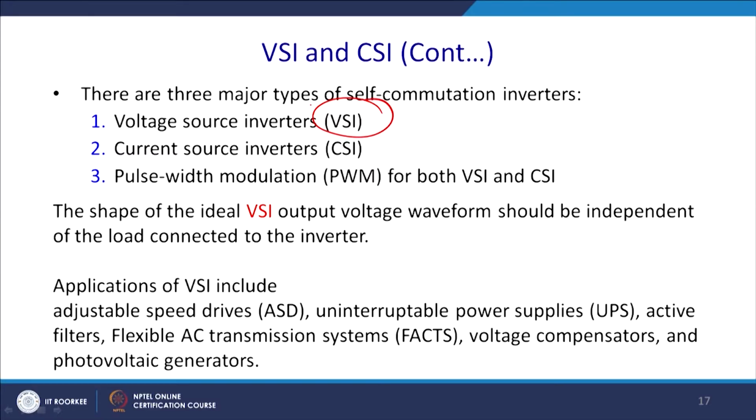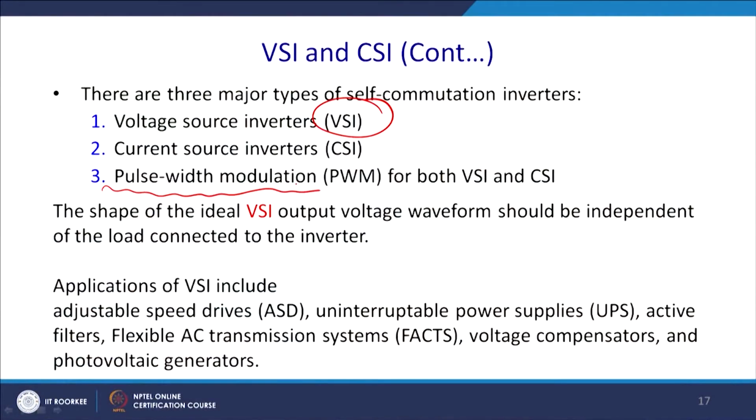So, we have different kinds of inverters depending on the source. If the source is voltage and you are feeding the load, then it is called a voltage source inverter. Similarly, you can have a current source inverter, and you will see different control techniques for those inverters.